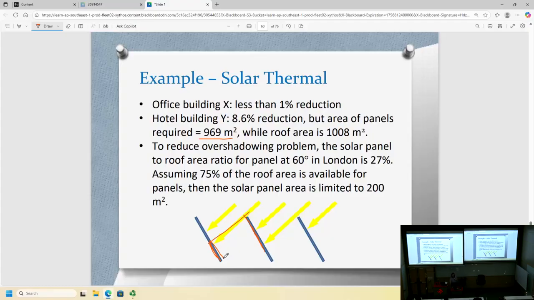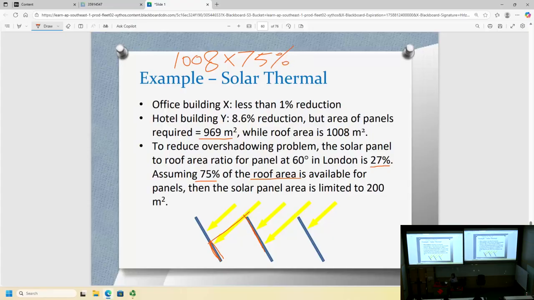Okay, so typically the percentage is only 27%, and on the rooftop you may understand that we need some plant room area. So maybe only 75% of the rooftop area can be utilized. So we have an area of 1,008 of rooftop, and then 75% can be utilized.